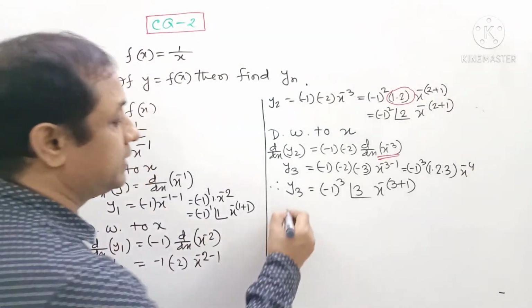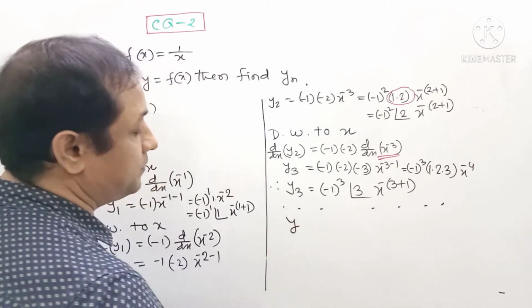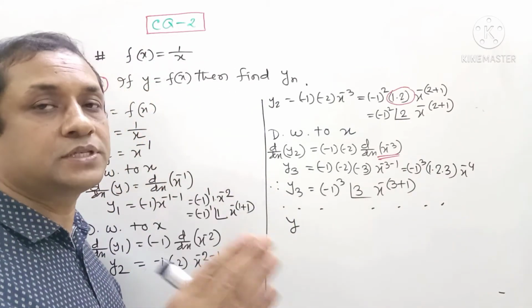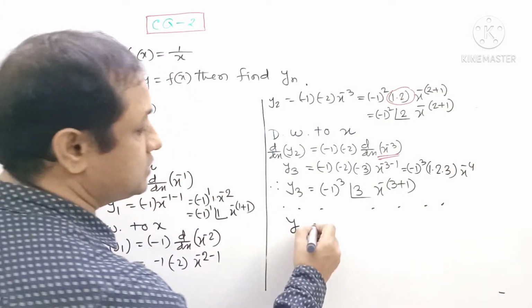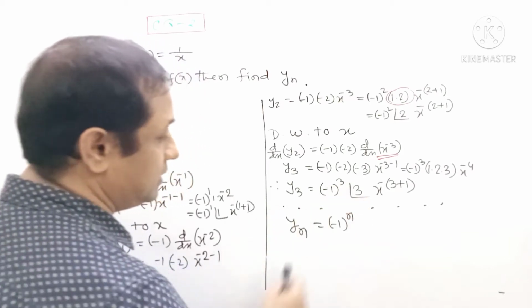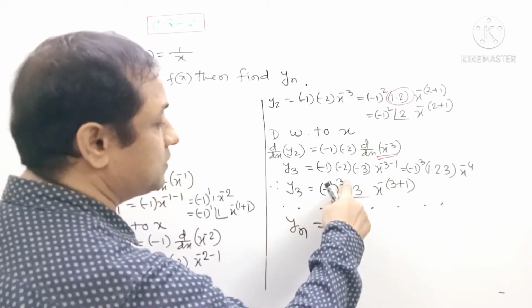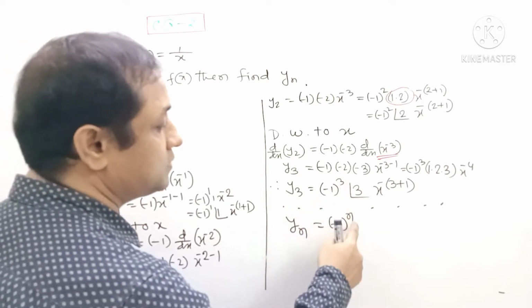It is denoted by yn equals minus 1 whole to the power n. Here 3, so minus 1 whole to the power 3. Similarly, here yn minus 1 whole to the power n.